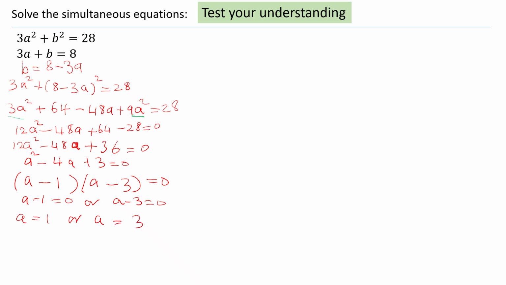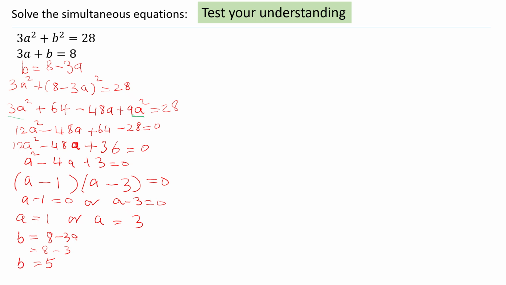If A equals 1, I'm going to substitute back into the original equation. So B equals 8 minus 3A. So 8 minus 3, B equals 5.